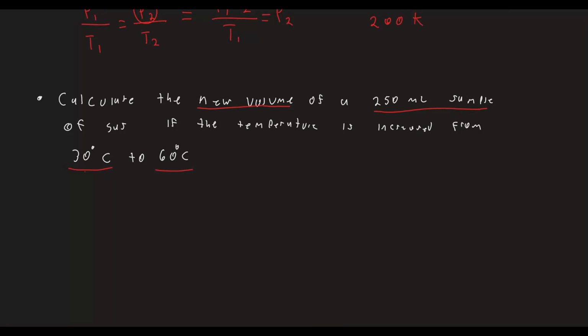We need to first recognize that the 30 degrees C is the T1 because we are going from 30 to 60, which means the 60 is the T2. Calculate the new volume. Well, this is a volume, obviously, and since it's the new volume, it is probably the final volume, so volume 2. Of a 250 milliliter sample, so this is the volume 1. So we have all of our information here. Which law should we, oh, you already stated it, Charles' law. So we will use Charles' law for this one.